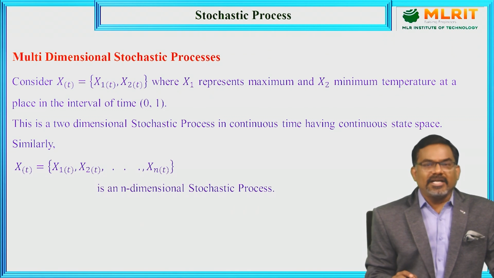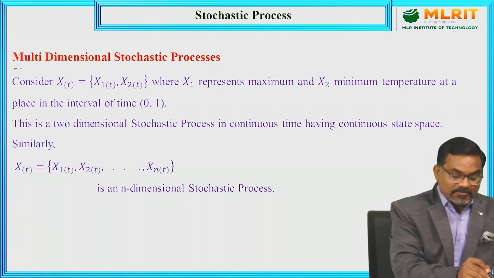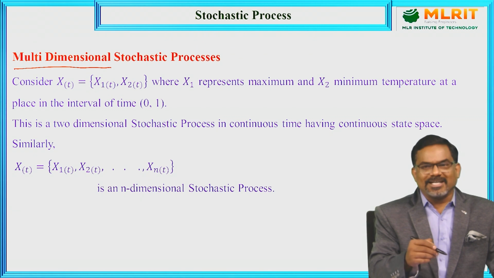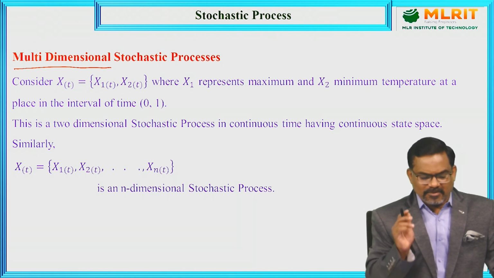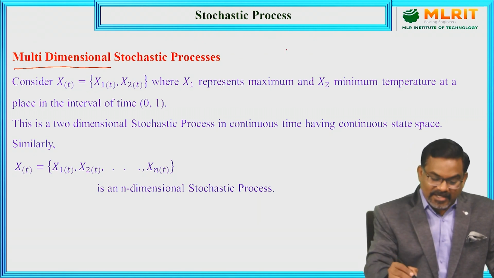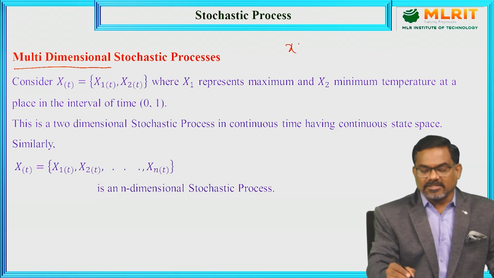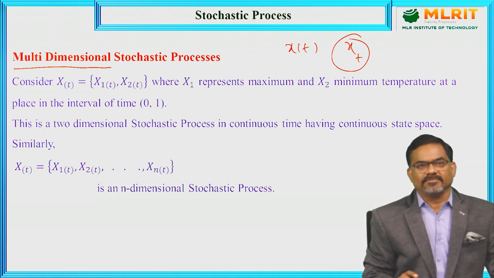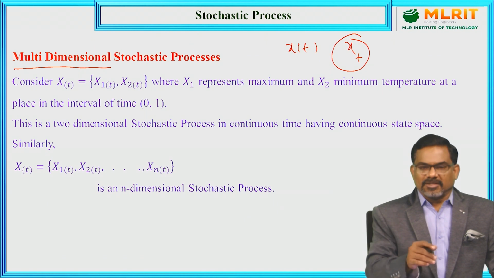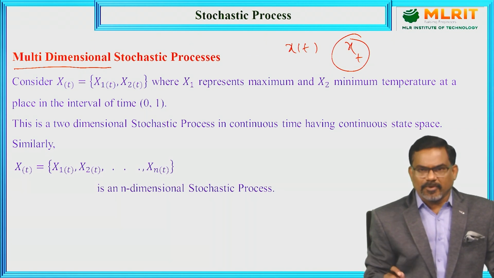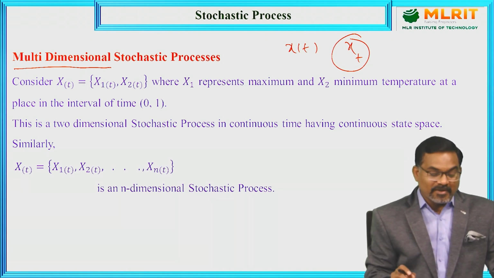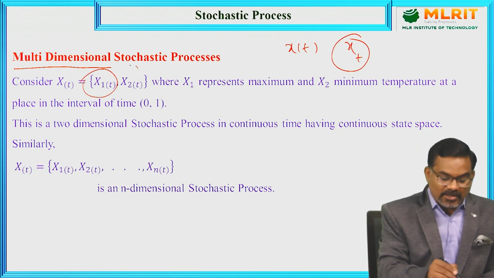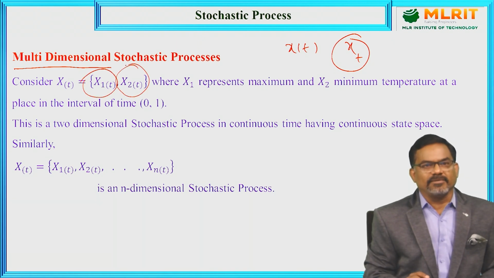Now, multi-dimensional stochastic processes. Here we are talking about the dimension of the variable. For example, if I consider only X of t, a single variable, that comes under the stochastic process of dimension 1. Now let us consider two such values, X1(t) and X2(t).